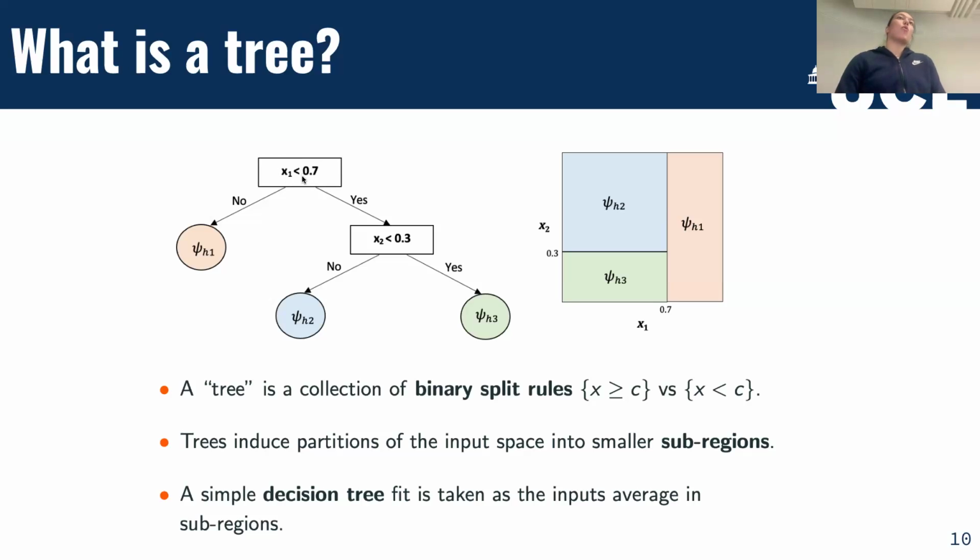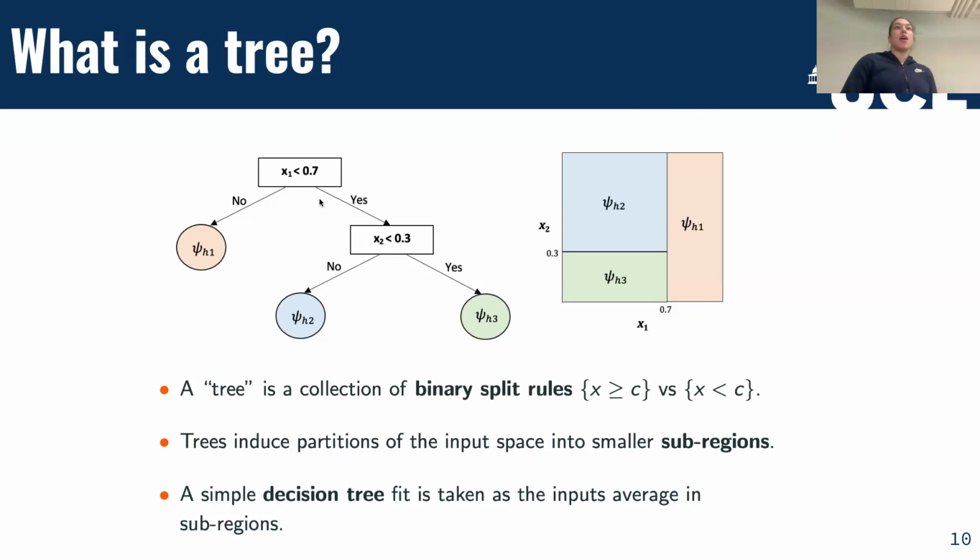0.7. So, for example, you check what your X1 is. If your X1 is less than 0.7, you go to the right and then check whether your X2 is less than 0.3, and depending on that you're always going to end up in one of these three regions, so it partitions the input space into smaller subregions.